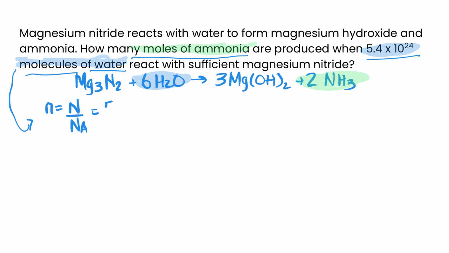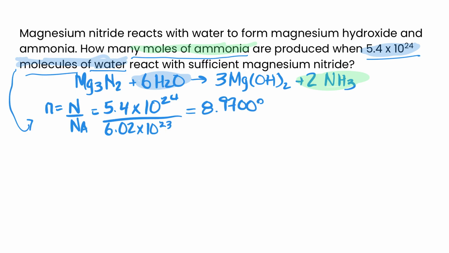So in this case, we're going to do 5.4 times 10 to the 24 divided by 6.02 times 10 to the 23. And that gives us 8.97009 and so on moles of water.